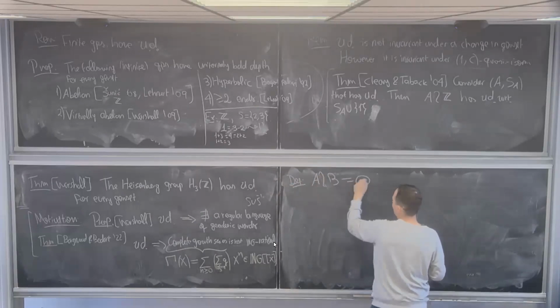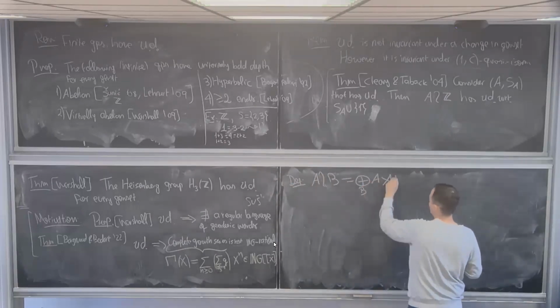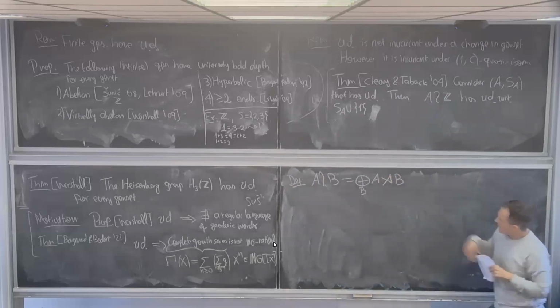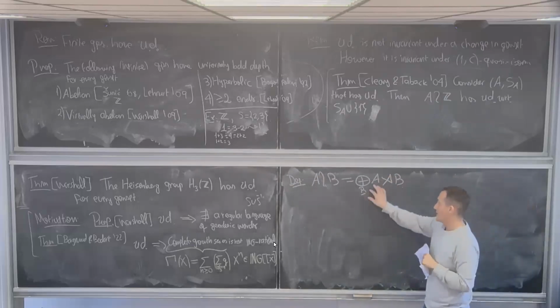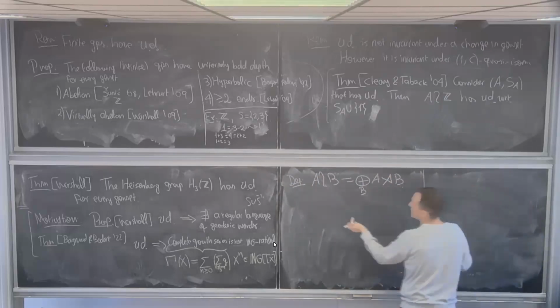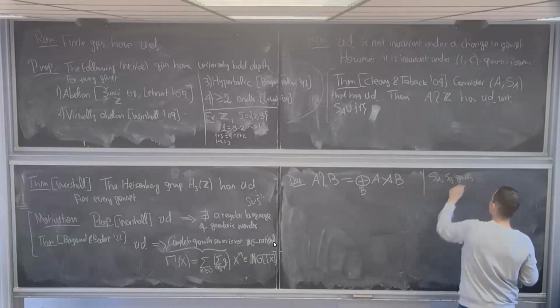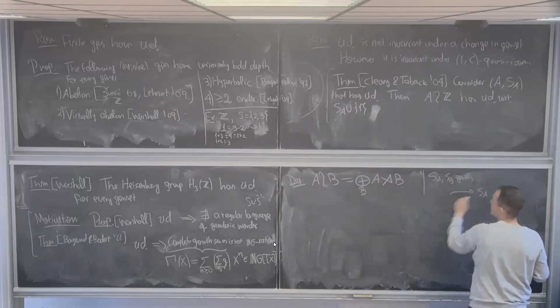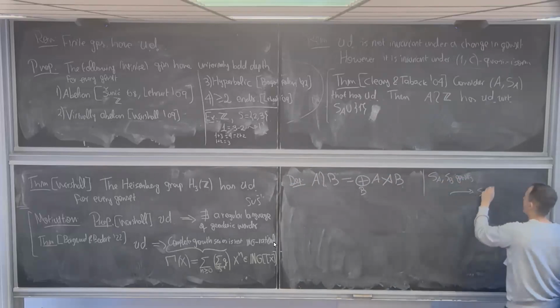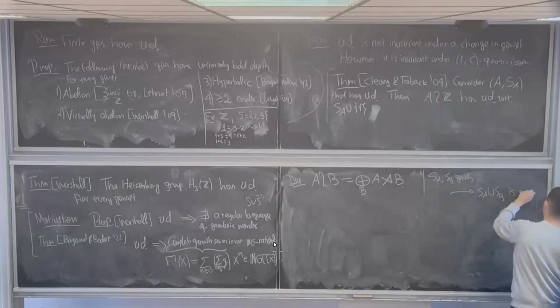In our notation, it will be the direct sum of copies of A indexed by B, semidirect product with B. So here, conjugation by B means translation on the direct sum. And if we have generating sets of each of these groups, S_A and S_B, then their union, seen inside of this group, is a generating set of the wreath product.